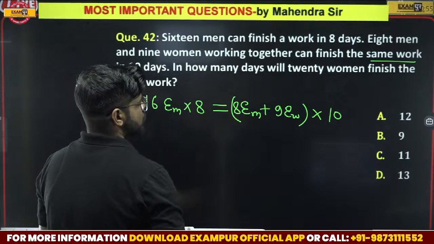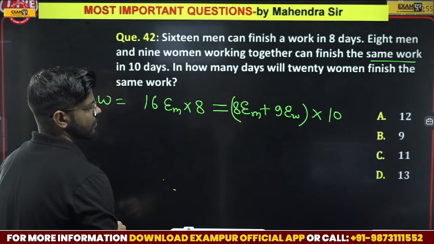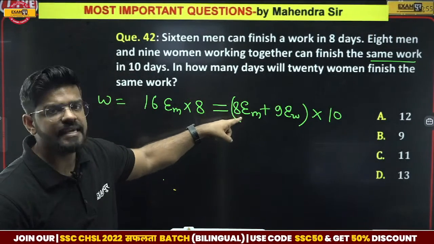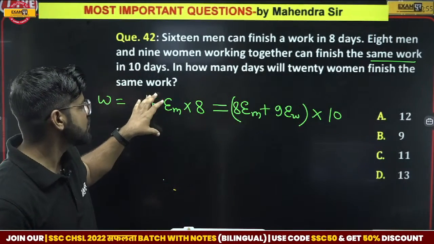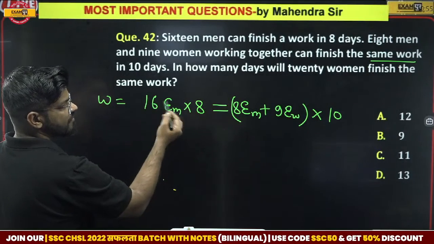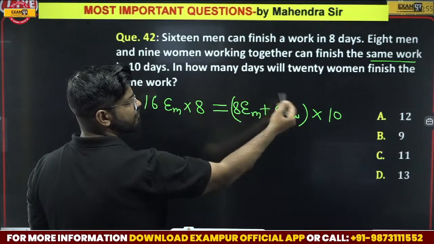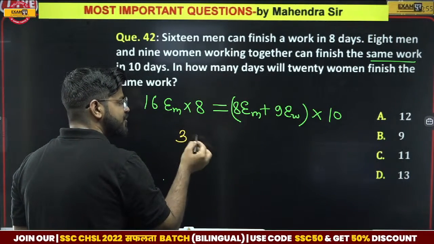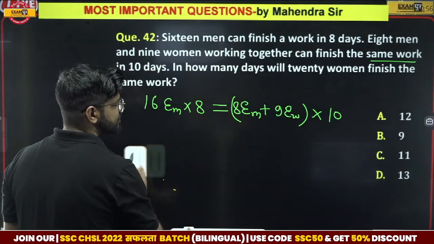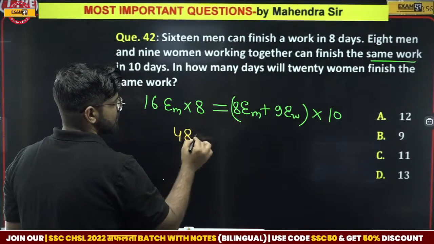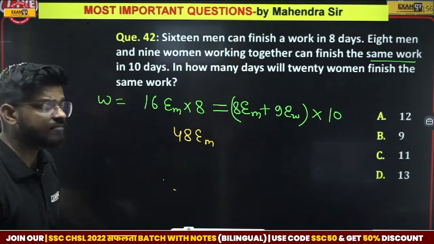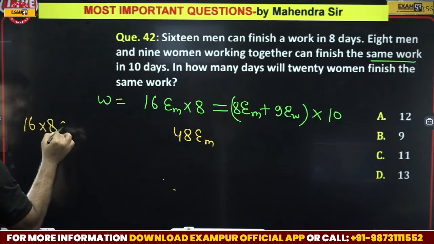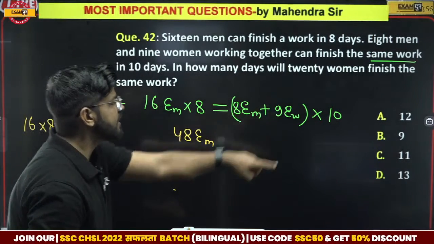Okay, so what are we going to do? Let's solve. After multiplying, you will get 16 into 8 EM and 10 into 8 EM.